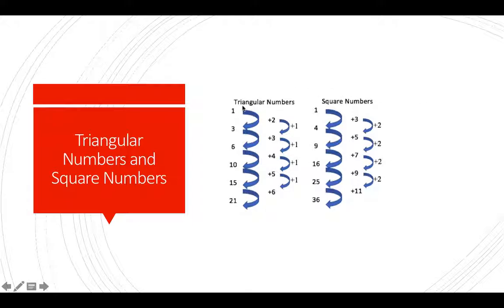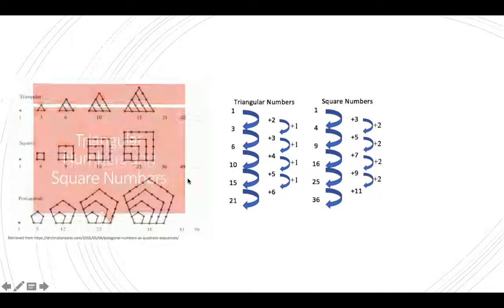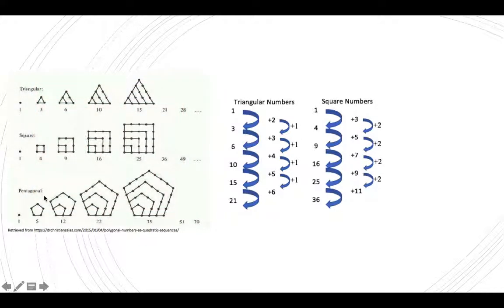Well, if we have triangles here and we have square numbers here, then we might actually have something called pentagonal numbers. And in this image, you can see visually how triangular numbers increase, how square numbers increase, and logically, pentagonal numbers increase the same way.